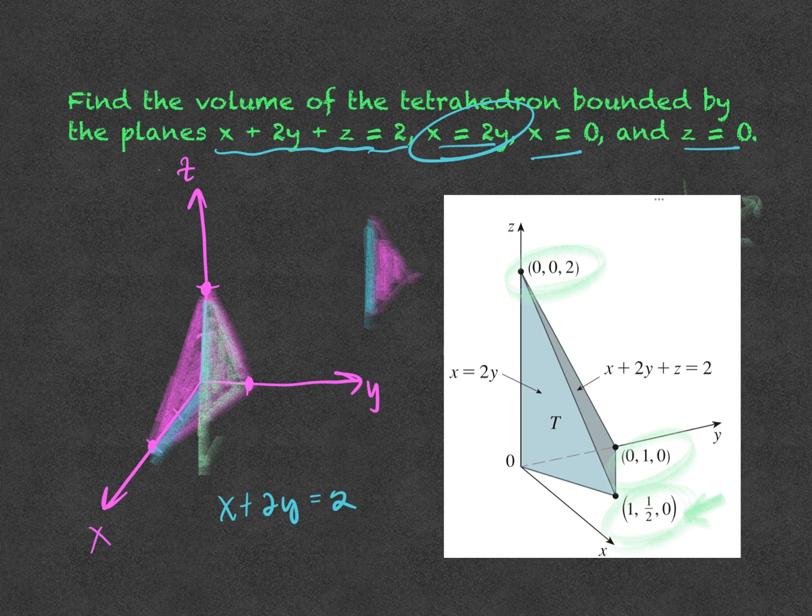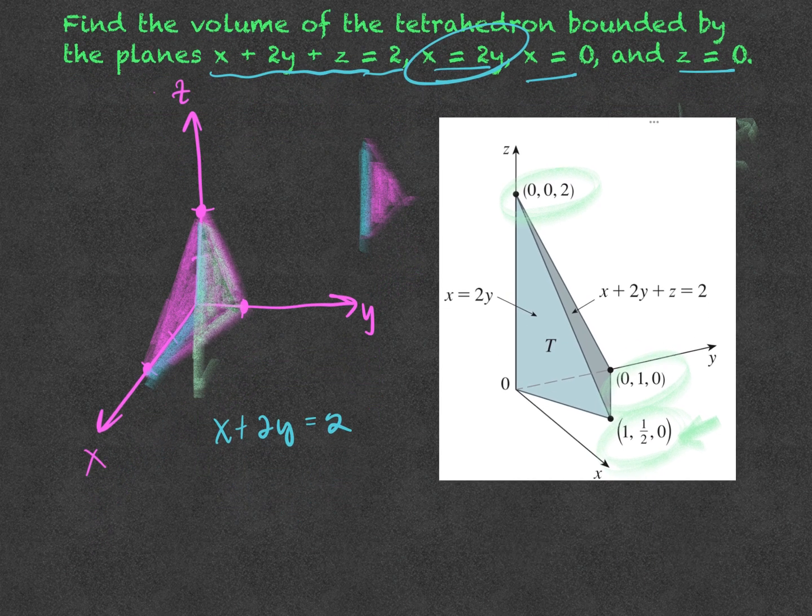Now, let's solve that with x equals 2y for the intersection. So we get 2y plus 2y equals 2. 4y equals 2. Therefore, y equals 1/2. And since x is 2y, x equals 1. And that's how we get that point. When z equals 0, we get that point right there. So that gives us our 3 points.